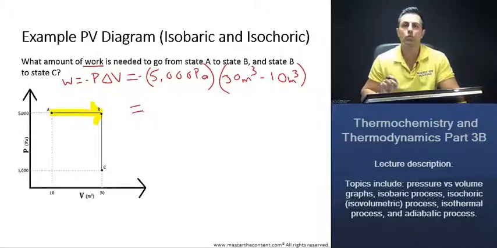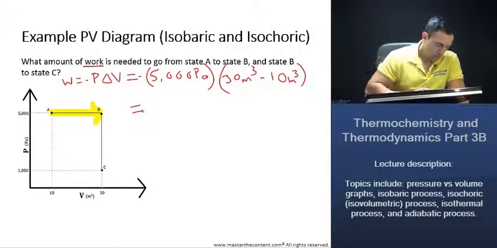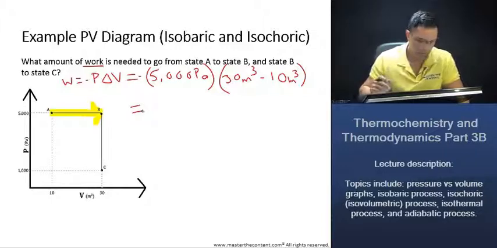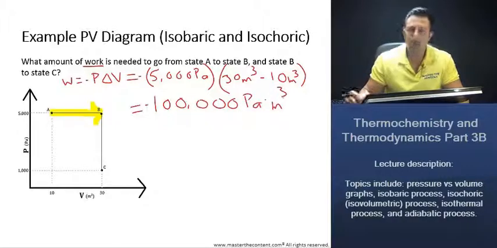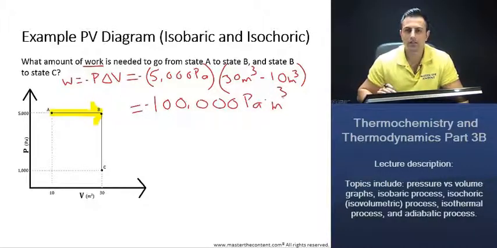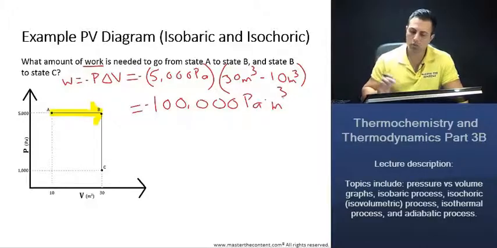Once we equate this, we should end up with a value of roughly 100,000 pascals meters cubed. If we recall, work is in joules. So how do we now get to work from here?